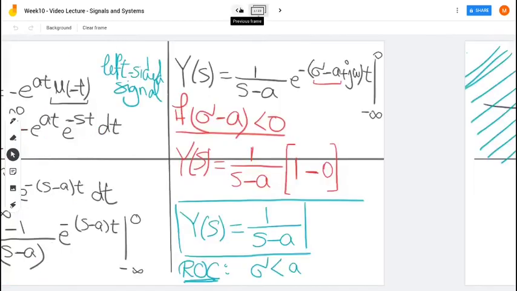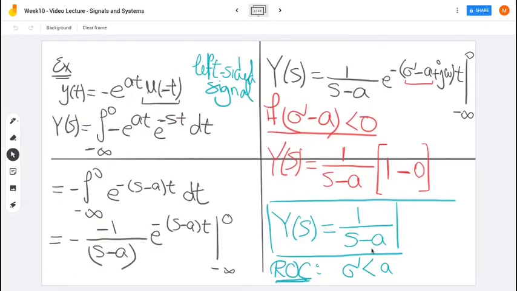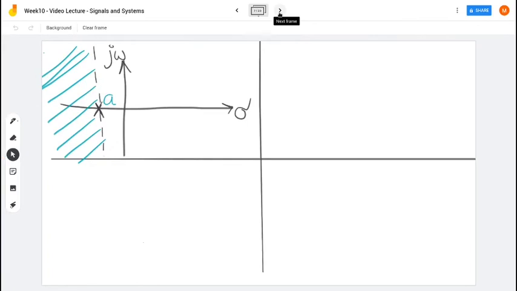Okay, so moving back over here, as you can see, we have one pole located at s equal to a. So in the S domain over here, we can represent this pole by having an X like this. Again, poles are denoted by X, zeros are denoted by an O.